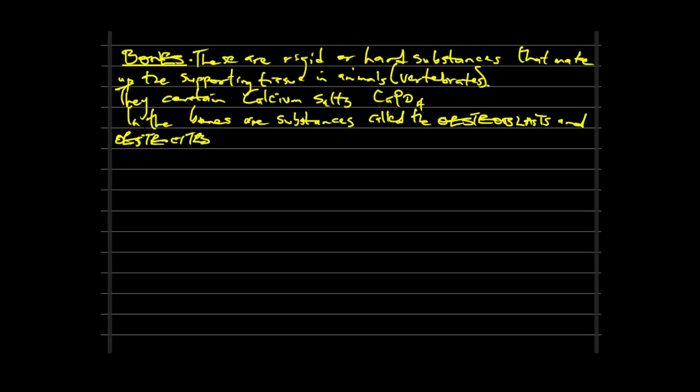These particular substances are responsible for the ability that the bone has to grow, to regenerate, and the rest of those. So bones grow, they change their shape, and they repair themselves when they are broken or fractured.